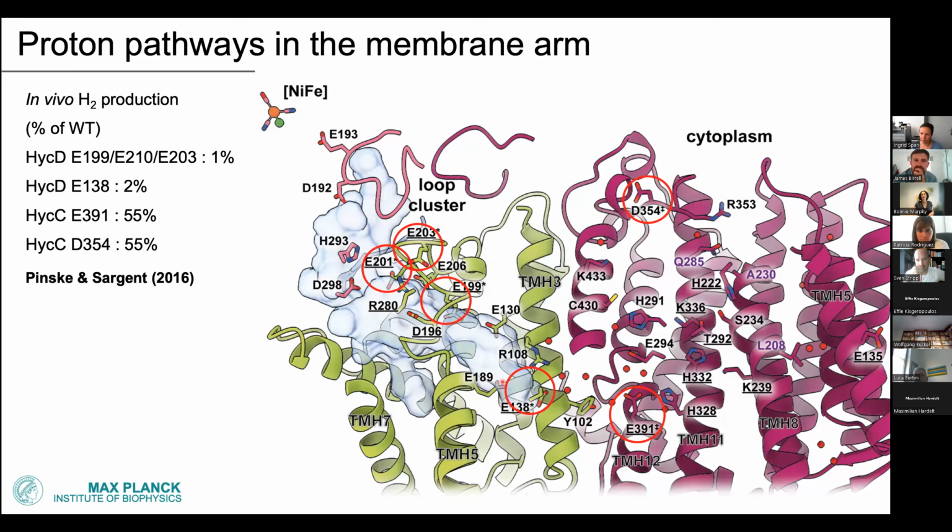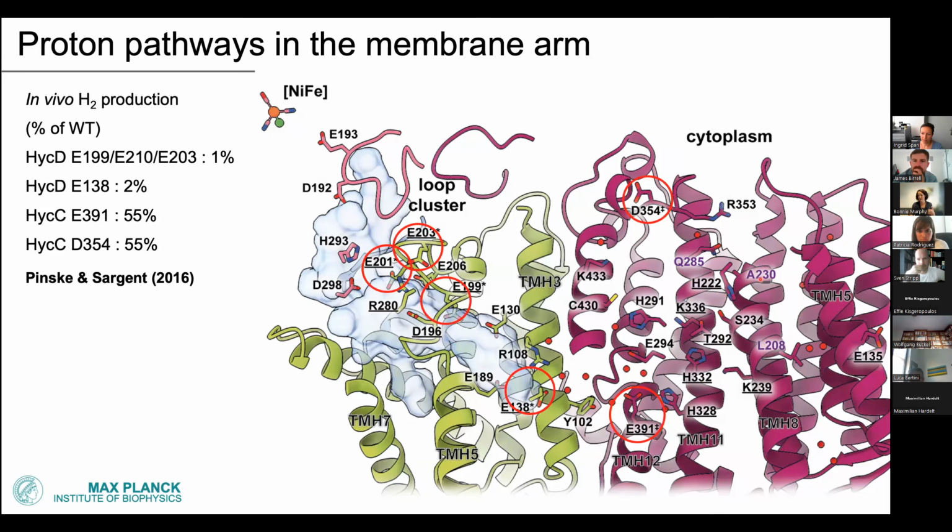And what we found, it took us a little while to figure out where the protons were going, because we started off with homology to complex 1 as a model. But when we looked at the pathway that's been described in the antiporter-like subunits of complex 1, there were several mutations, for example this glutamine and that alanine, that didn't seem to make sense for us.